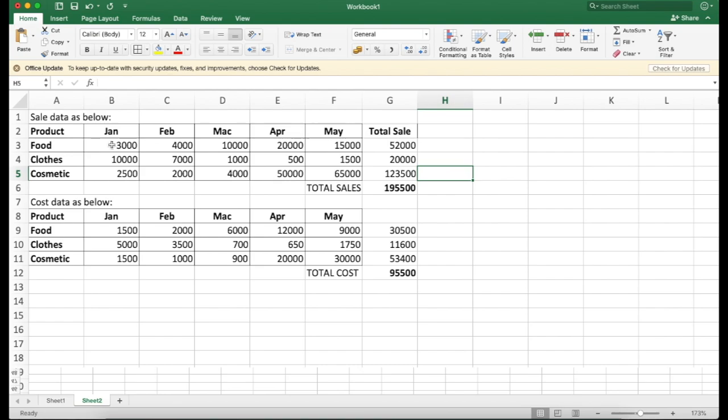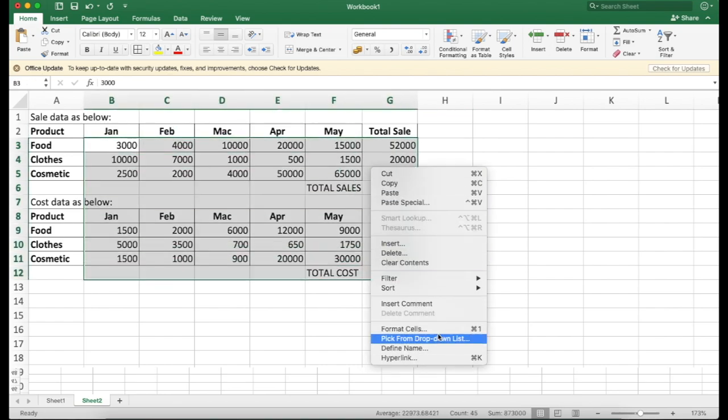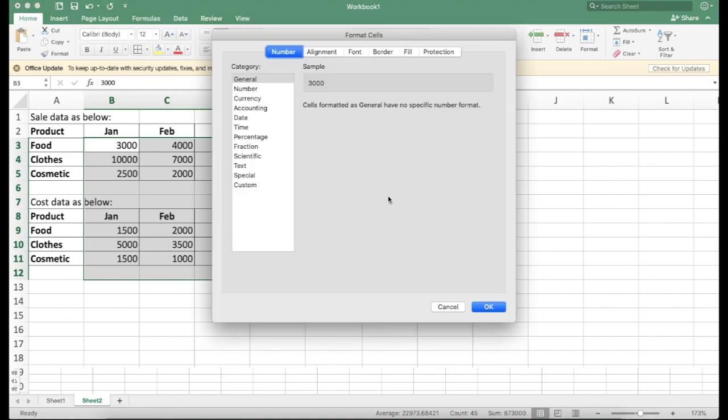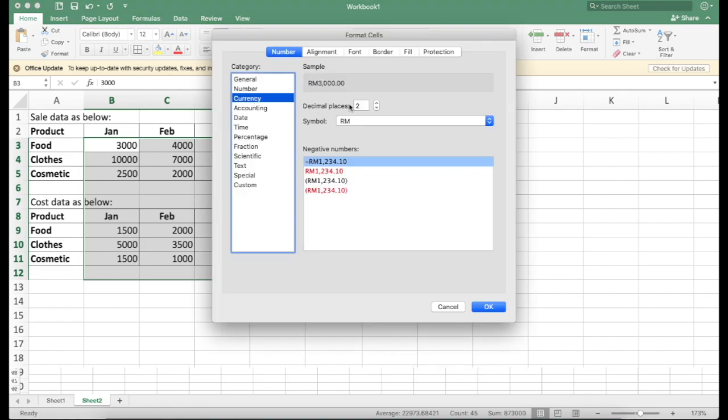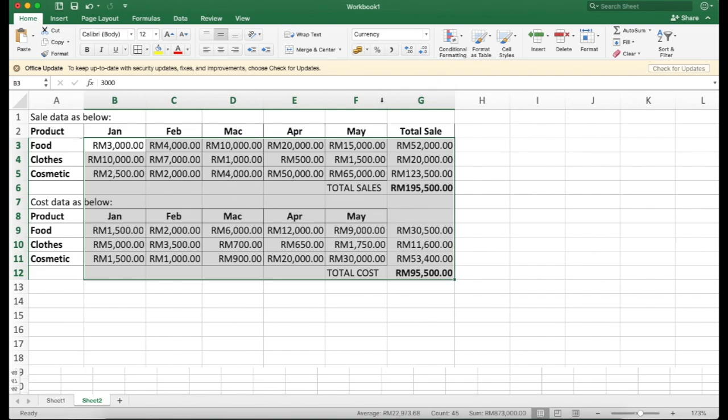So quite easy. Just right click and then pick from Excel, and then currency. Yes, RM. Okay. So some of the columns there are not enough space. So you can adjust, go to the width, adjust auto. Double click to get the auto adjustment.